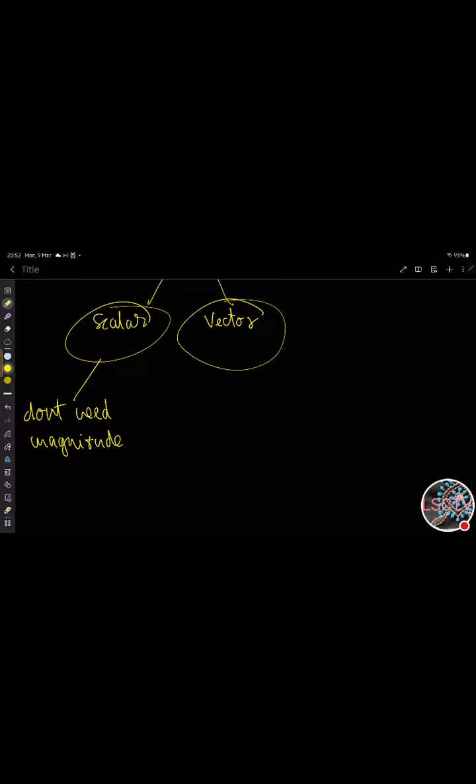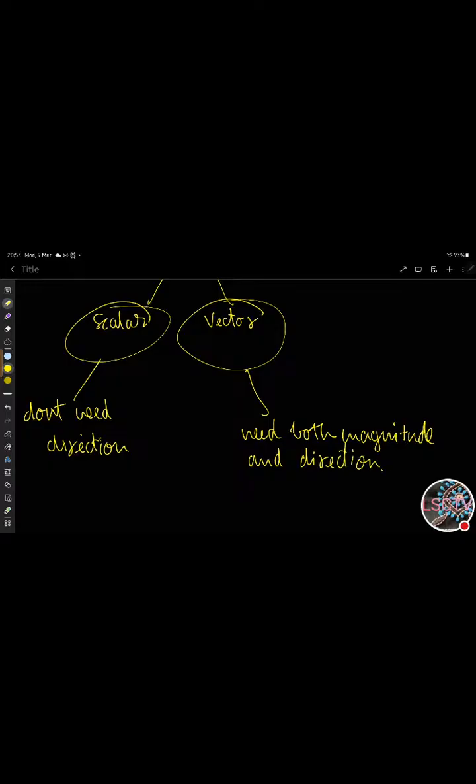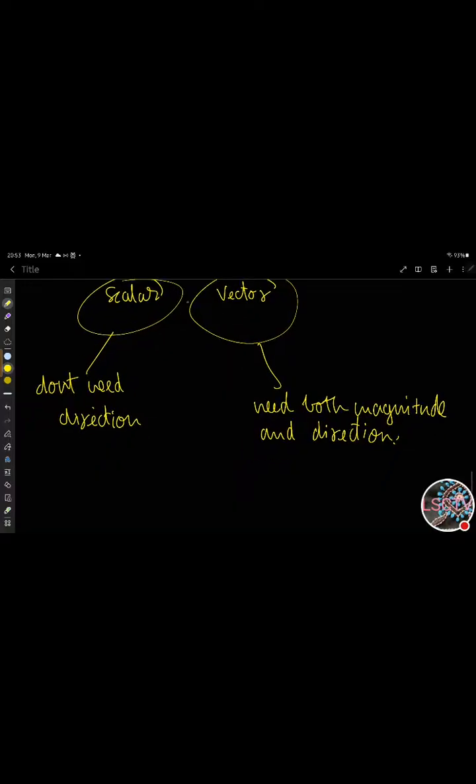Vector quantities, however, need both magnitude and direction. They need both magnitude and direction. Simple, easy.